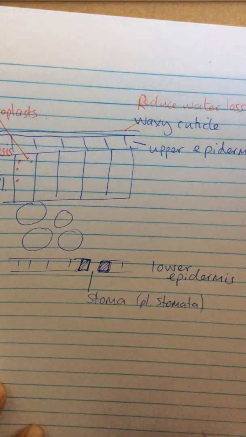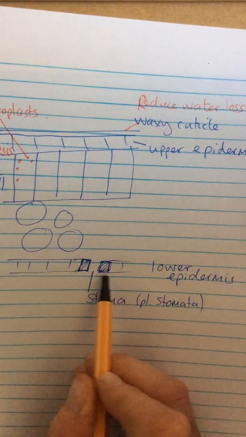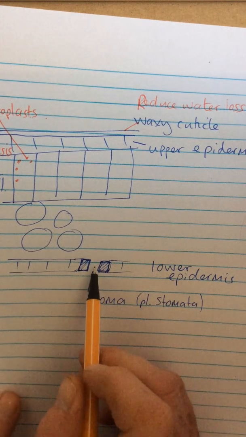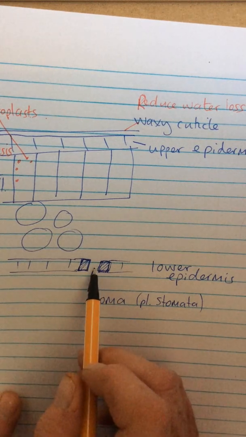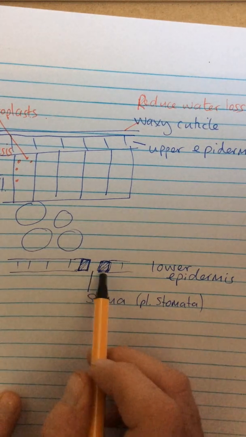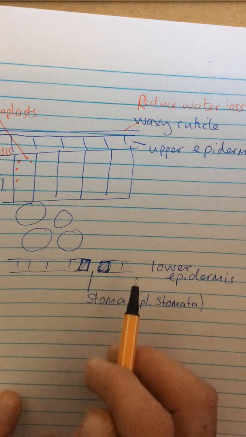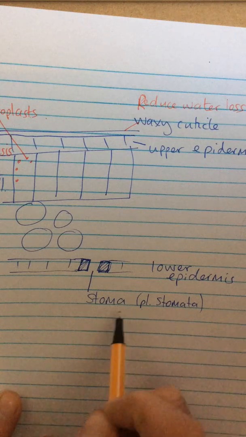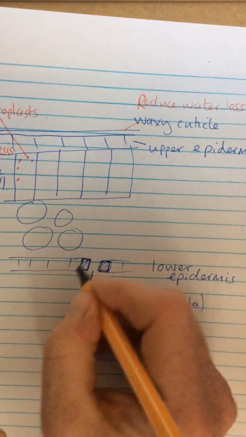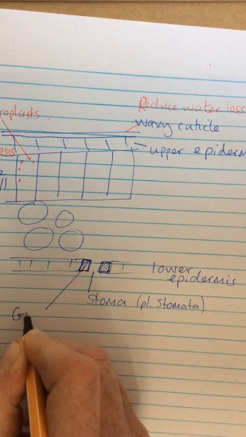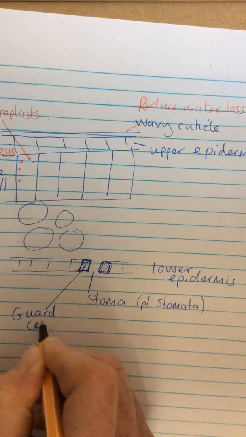Those two cells are really important because they can open and shut. They're a bit like a door. You can open and shut the stoma. And the cells either side, this is easy to remember, are called guard cells because they guard the stoma. So that is an example of a guard cell.